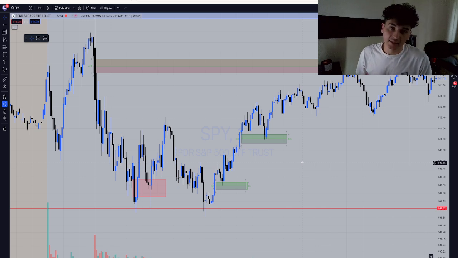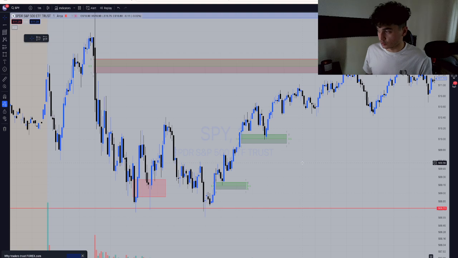Keep in mind, fair value gaps are also imbalances that are created. So the market wants to shift towards those imbalances to fill them, and then move price to where it wants to move it next.